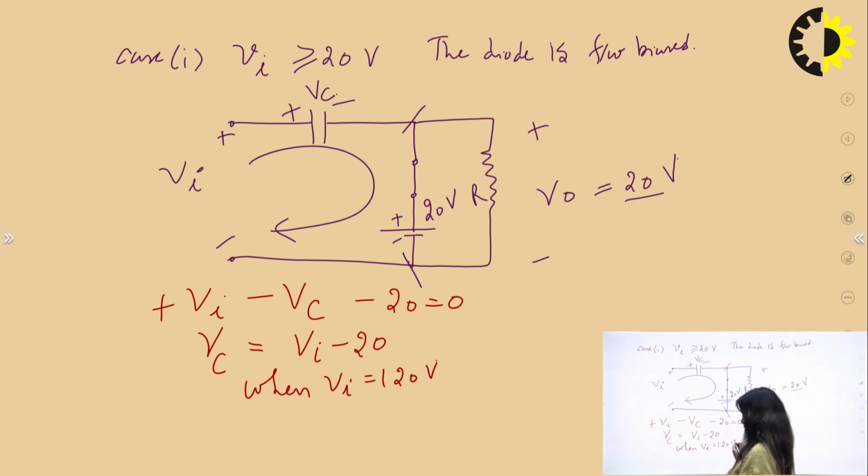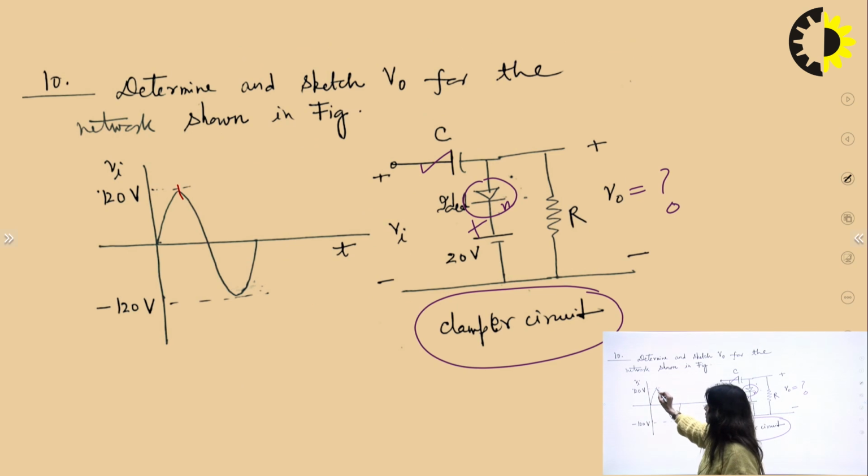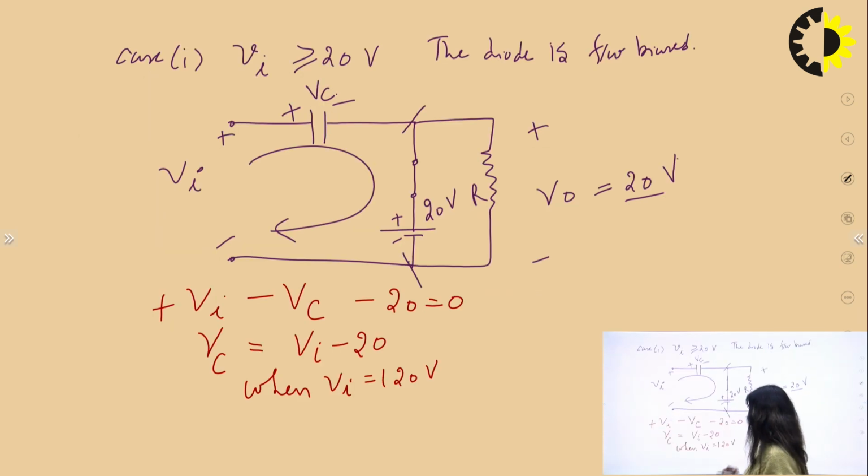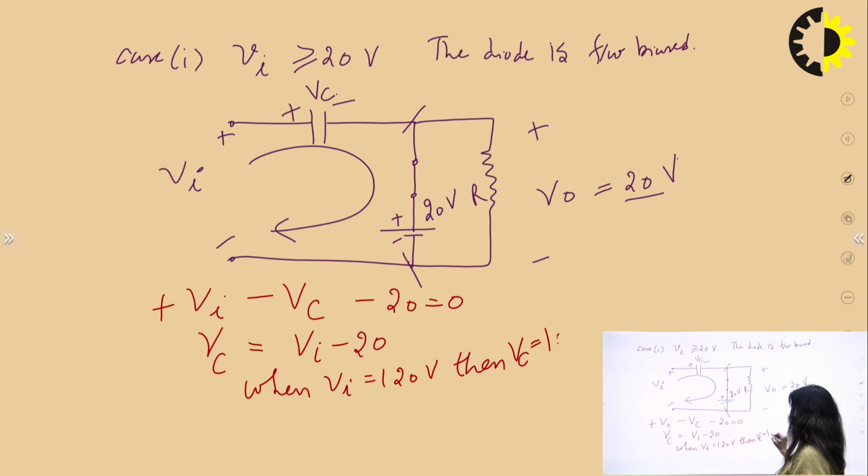When Vi is equal to 120 volt at this point, then Vc is equal to 100 volts, right? So at the peak voltage we have found the maximum capacitor charging. This result we will keep with us.